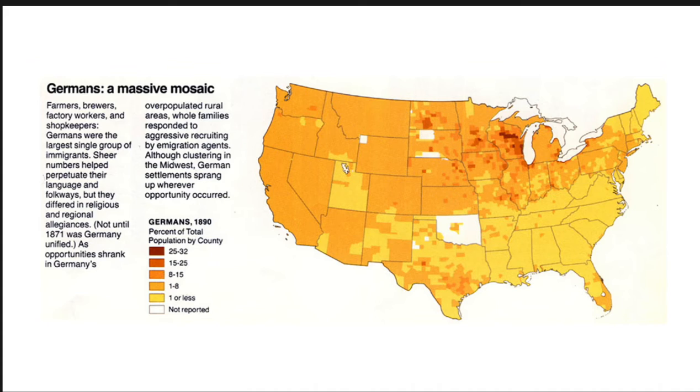But Germans had fled the militarism and the wars of Europe and consequently became the poster boy for isolationism, because they go all the way to the middle of the country and they just stay there, and then they're on their own for quite some time.